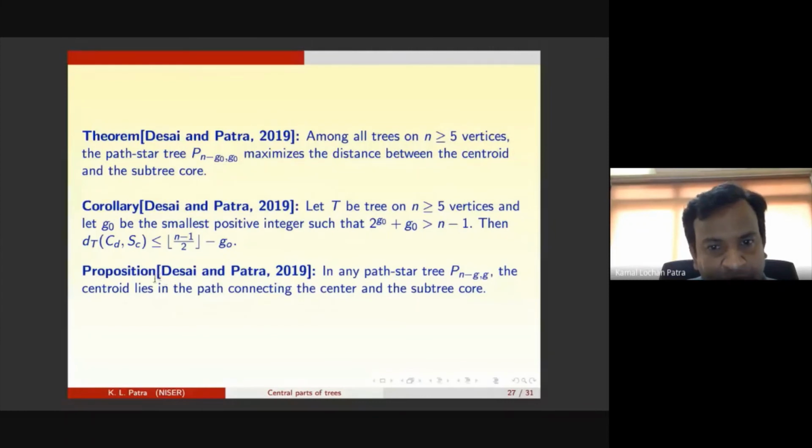Also, in an earlier paper we proved that in any path star tree, the characteristic set always lies between center and centroid. In any path star tree, the centroid lies between center and subtree core. So in a path star tree, starting from the left, first comes the center, then the characteristic set, then the centroid, then the subtree core. They may all be the same.